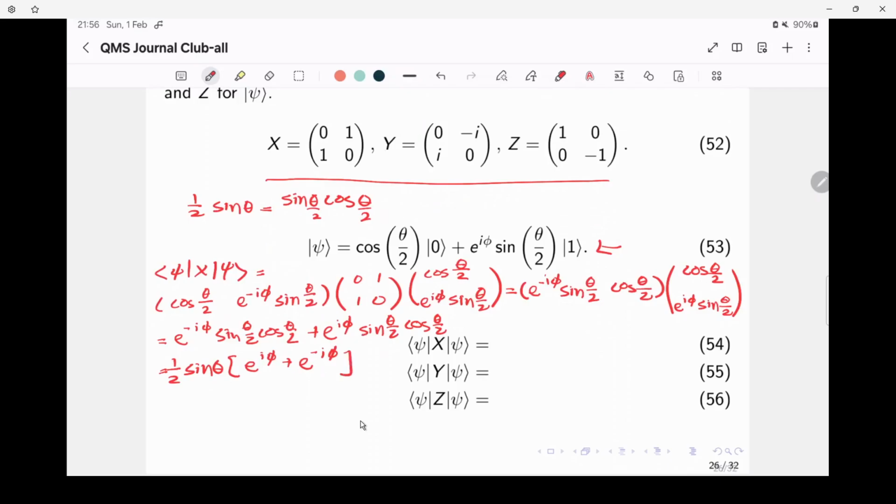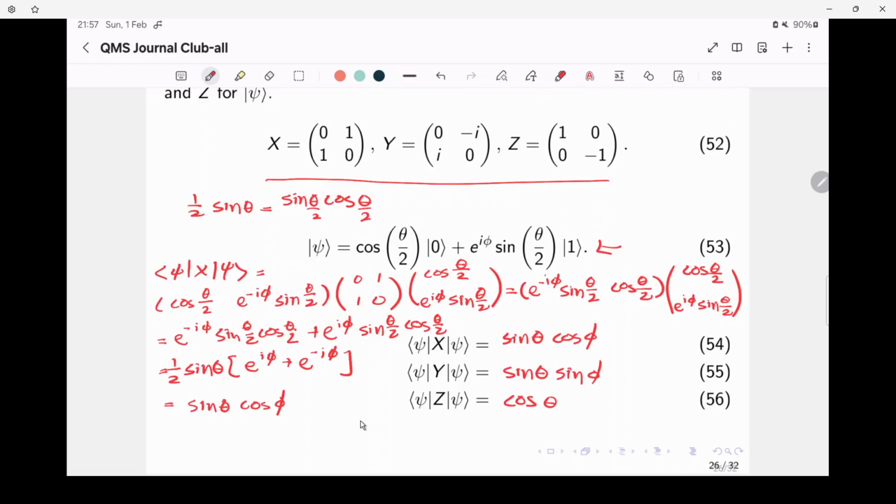So this will give you cos phi. If you do the same thing, the second one should be sine theta sine phi. And if you do everything correctly, the last one should be cos theta.